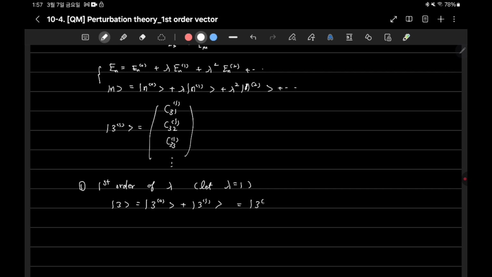The ground state is obtained from the solvable Hamiltonian, but the first order case we do not know. However, it also can be expanded using M0 as a basis, with C3M first, summed from M equal 1 to N.